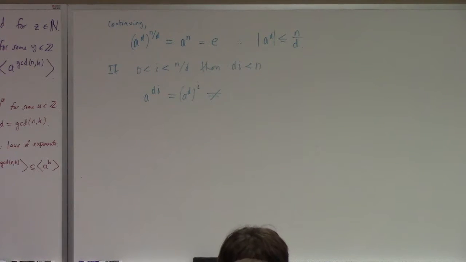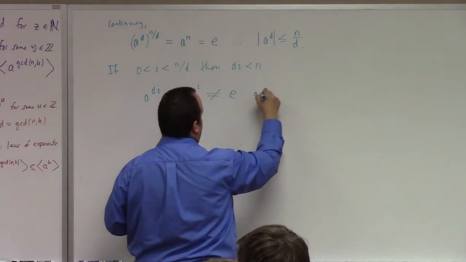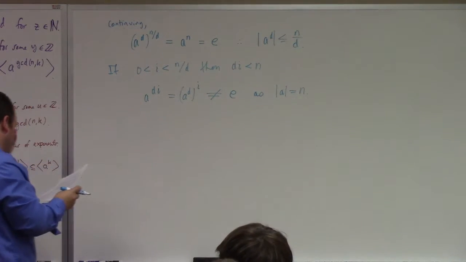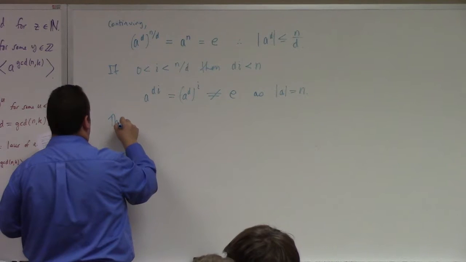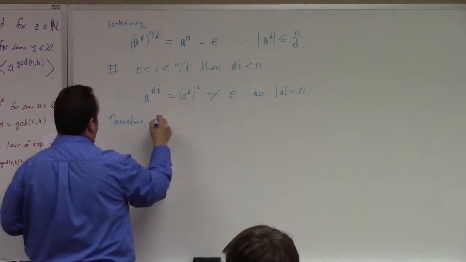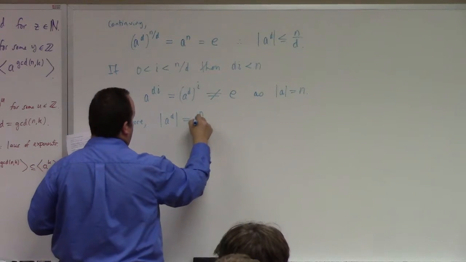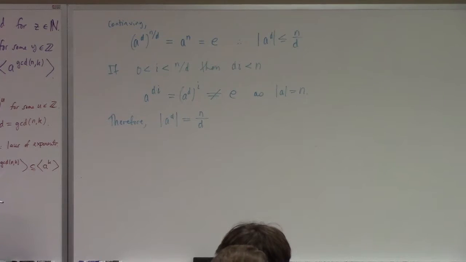If the order of a is n, right, and d i is a number less than n, a to the d i is not equal to e, by definition of order n, right? So what's that show? Therefore, the order of a to the d is equal to n over d. Right?